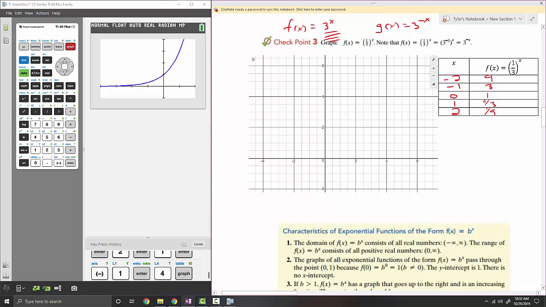So then if we plot these points, -2, 9 is going to be way up here, off the chart. -1, 3 will be here. 0, 1.